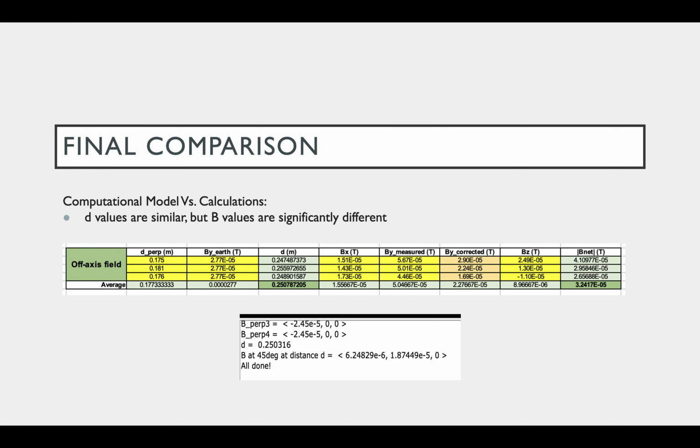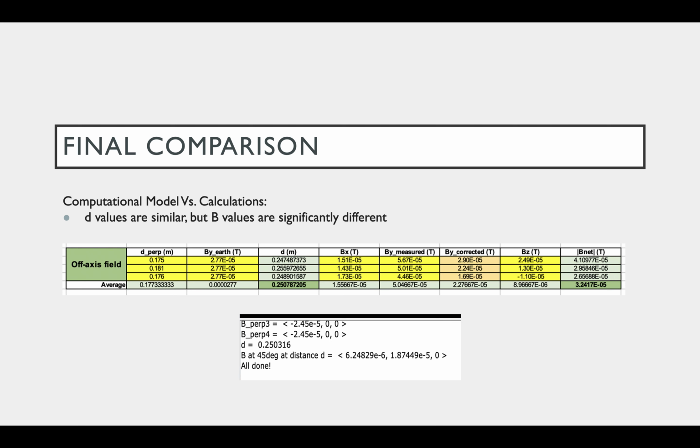When comparing the computational model and calculations, it was found that the d values were similar, but the B values were significantly different. On the Excel file, the d perpendicular was 0.17 meters, and it was 0.25 meters using the computational model.